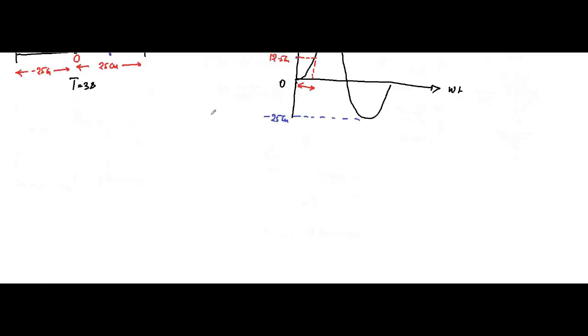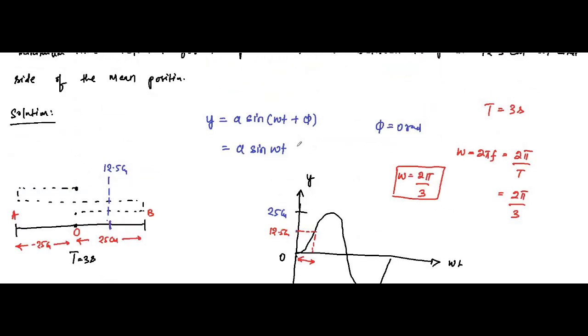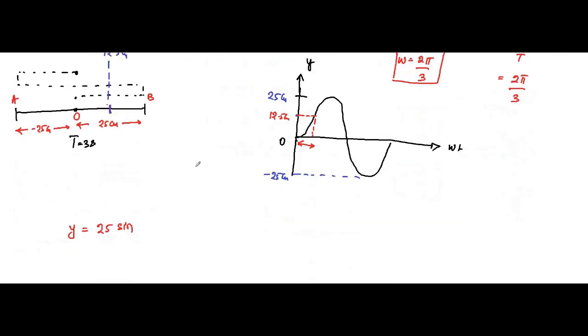So the SHM equation becomes y equal to A sine omega t, where A is 25 centimeter and omega we calculated as 2 pi by 3, so y equals 25 sine of 2 pi by 3 t. Initial phase angle is 0.